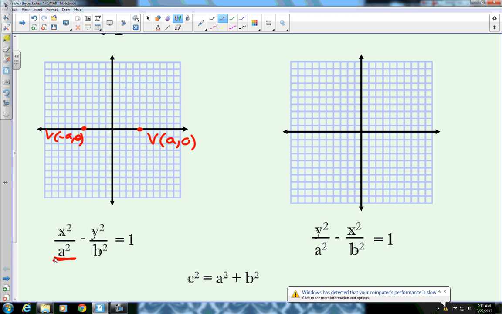Since the b squared is under the y squared, I'm going to put it on the y-axis. So I've got the point 0, b. How far did I go? And the point 0, negative b.